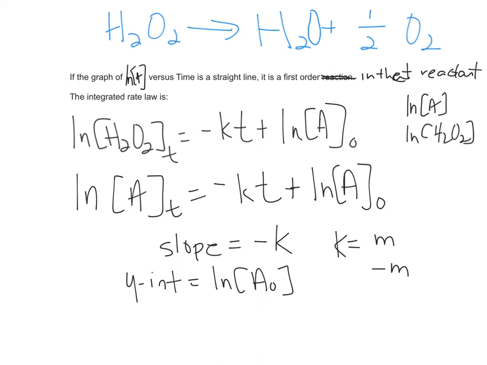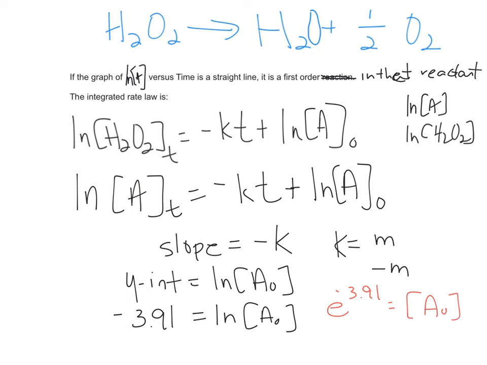On our previous slide, the y-intercept was minus 3.91, so that is equal to the natural log of A0. If we take the inverse of this, e to minus 3.91 will equal the initial concentration.